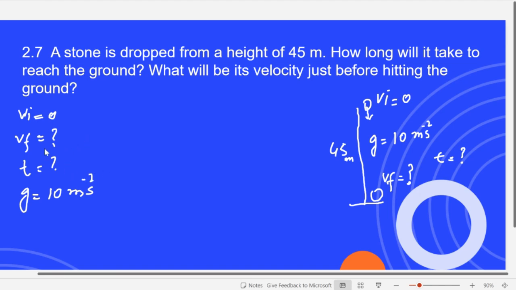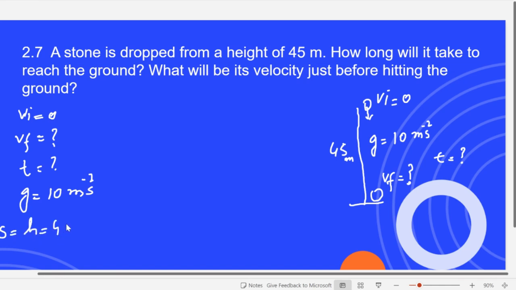Since we have to calculate Vf and t, and the height is also given, I write here S, distance, or h, we can represent this with h, and this is 45 meters.